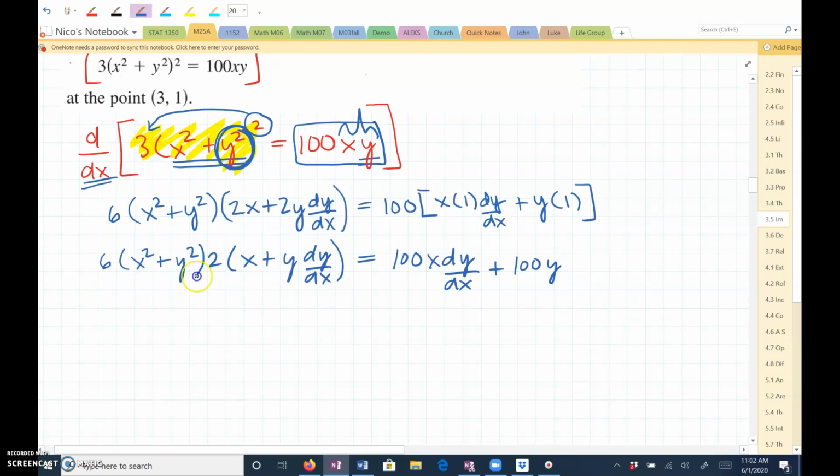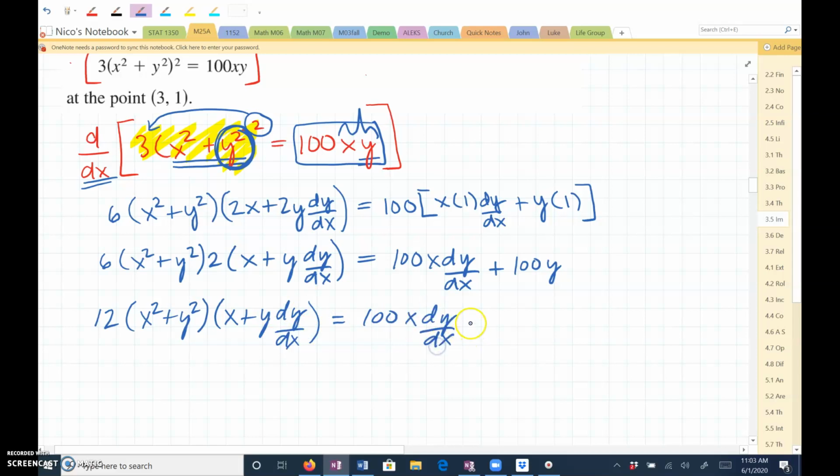And then this would be 12 times x squared plus y squared times x plus y dy/dx equals 100x dy/dx plus 100y.